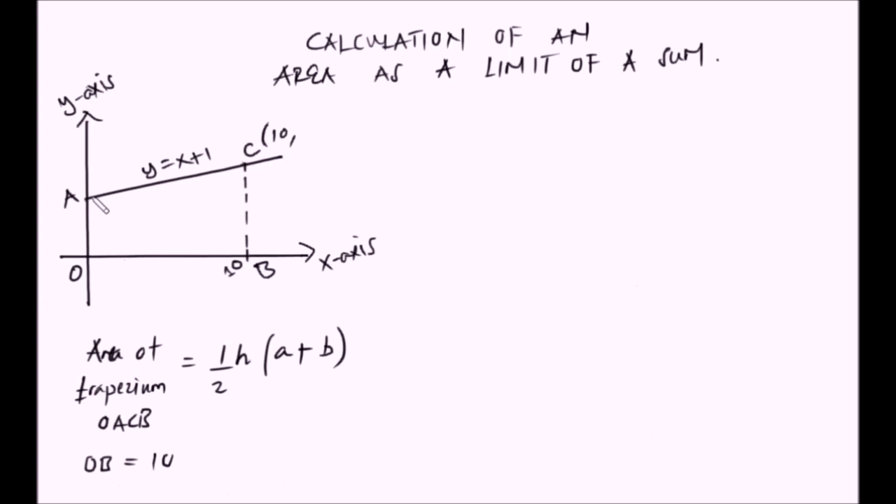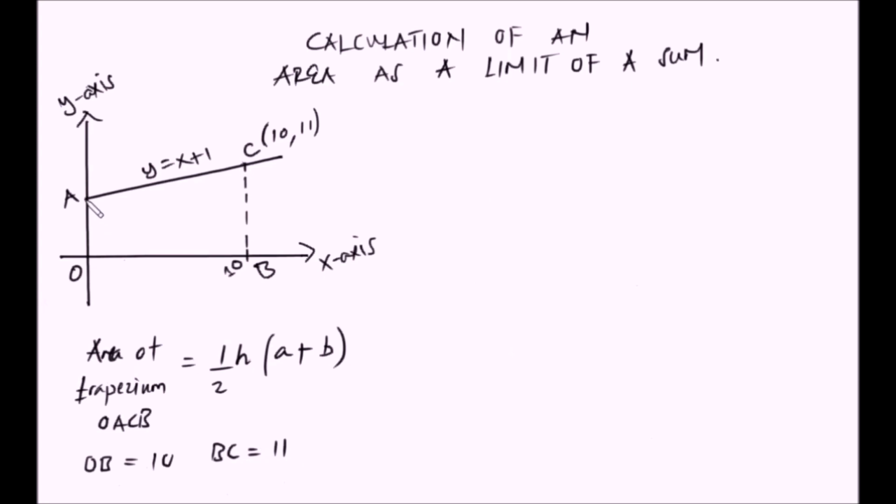Lakini kwa sababu C, you can see here I have a line ambayo equation yake ni hii, y is equal to x plus 1. So y coordinate ya C sasa itakuwa ni x plus 1 ambayo x yake ni 10 sasa. So it's 11. So y coordinate ya C ni 11. Y coordinate ya B ni 0. So 11 minus 0, you get 11.